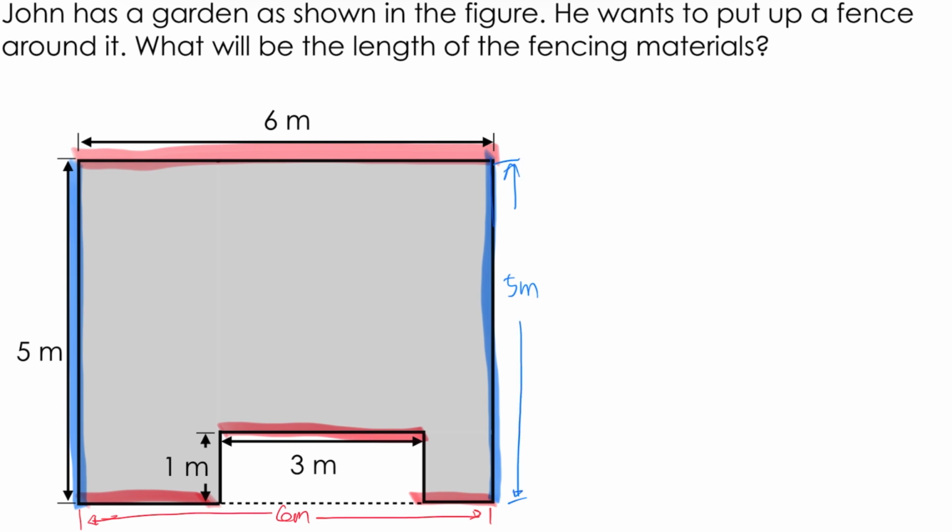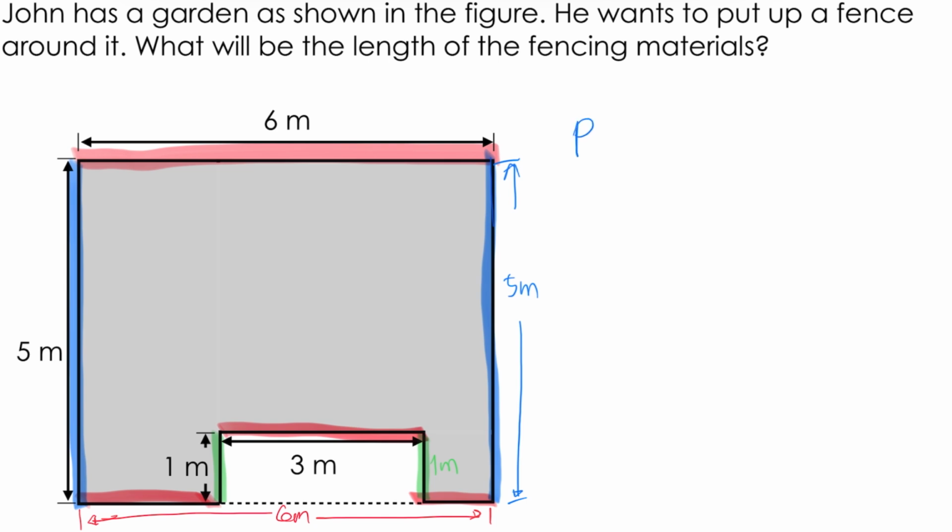All right, are we missing any sides? We have to also include these two sides here, which are actually the same. They are both 1 meter. So with that, we can now start adding all the sides to get the perimeter.